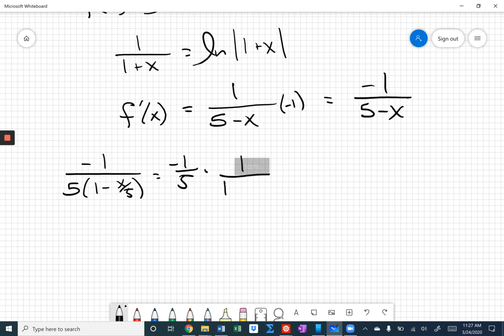Anyway, so this is going to be negative 1/5 times, so 1 over 1 minus something is going to be 1 plus that something. It's not negative.